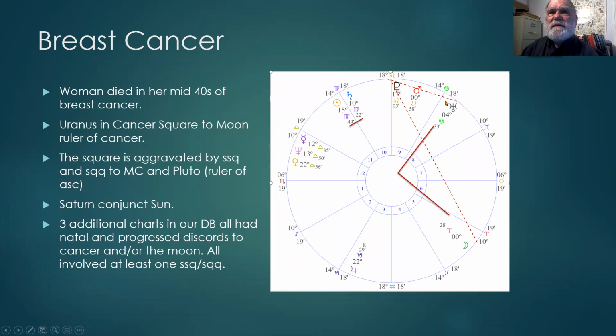Uranus has a 45-degree aspect up here to Pluto in the midheaven, and the moon end of it has a 135-degree aspect to Pluto in the midheaven. So this isn't just a square. There's a lot of discord in there, and this also brings the influence of Pluto, which can make things more serious and more drastic.